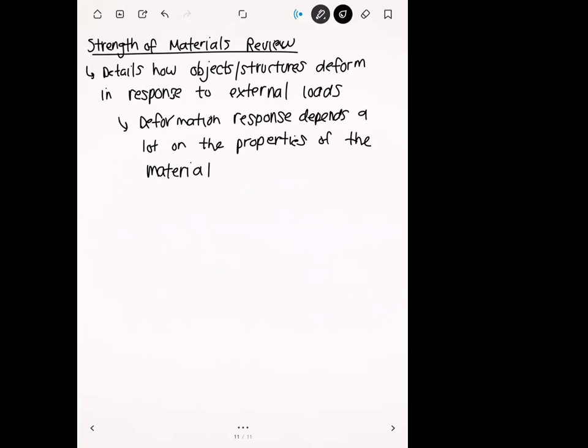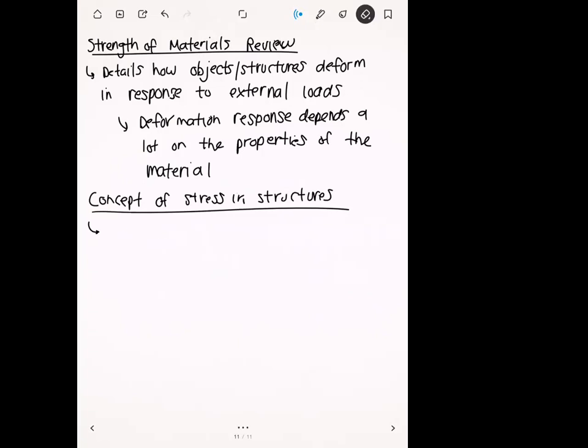All right, so let's start with the concept of stress in general. I've been talking about stress a lot, and I think as students you have a very different definition of stress. But we're going to talk about stress in structural materials. We have to start with the most basic definition: stress is nothing more than a force that's distributed over an area.